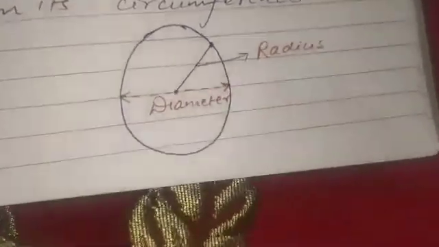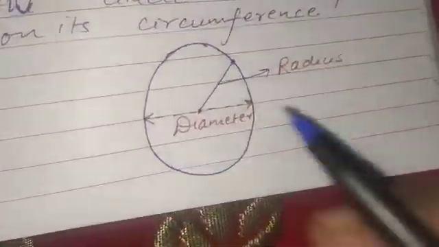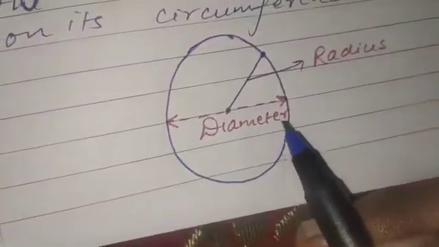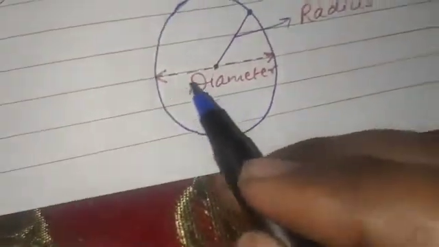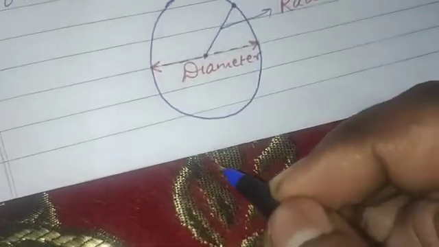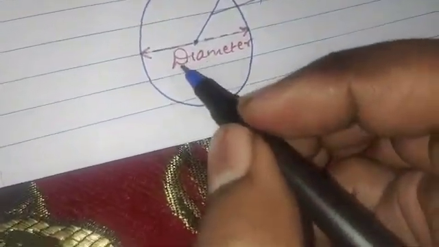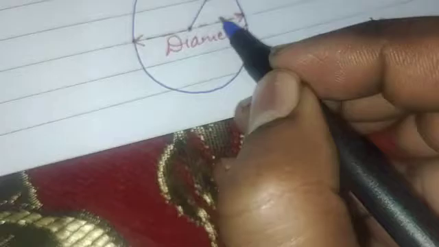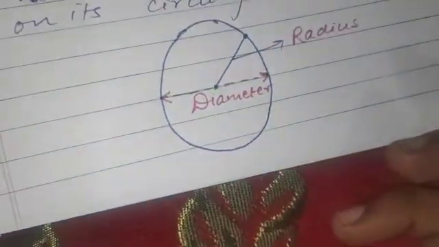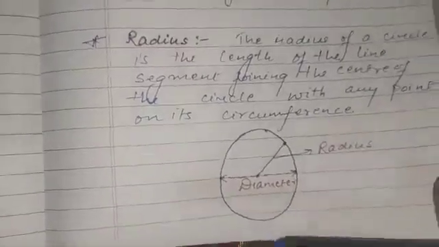As I've already told you over here, see, it is saying that a straight line passing through the center of a circle. So this is the straight line which is passing through the center of the circle. Okay, and with both ends, और इसके जो दोनों ends हैं वो कहाँ हैं? इसके circumference पे. So this is called the diameter. I hope it is very clear.